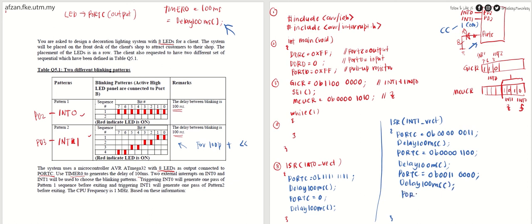PORTC: bit 7 and 6 turn on, the rest are off, and call a delay of 100 milliseconds. Just like that, we finish this program. This is the pattern that the client needed to put in the shops.